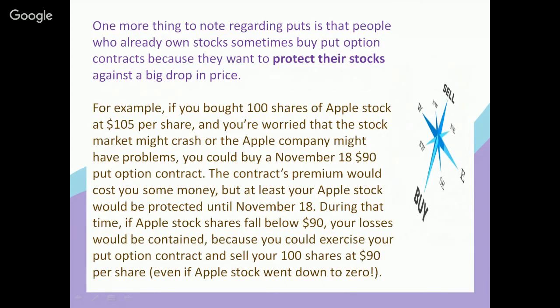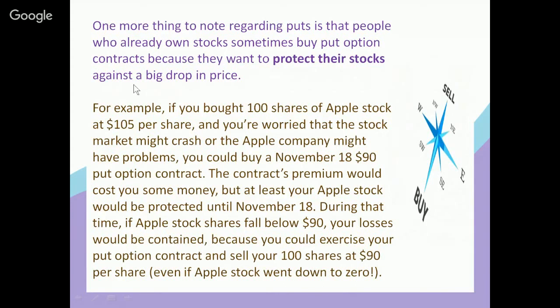During that time, if Apple stock shares fall below $90, your losses would be limited, because you could exercise your put option contract and sell your 100 shares of Apple at $90 per share. And you could do that even if Apple stock went down to zero, which is unlikely.